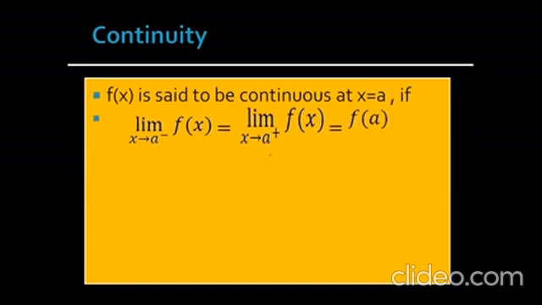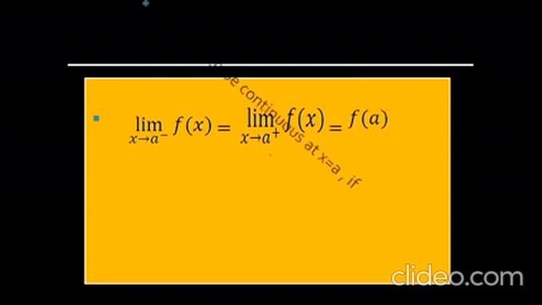Limit x tends to a minus of f(x) means the left hand limit, and limit x tends to a plus of f(x) means the right hand limit.